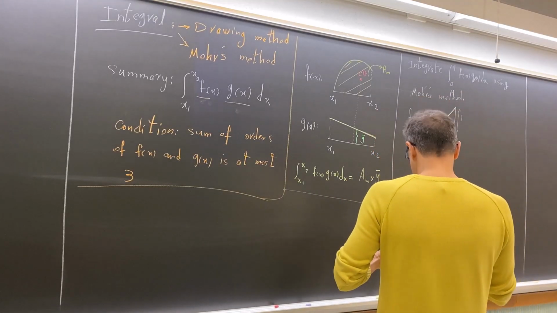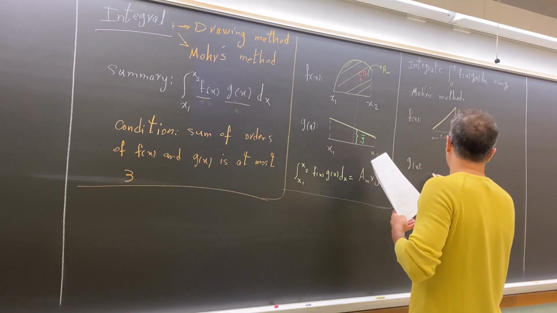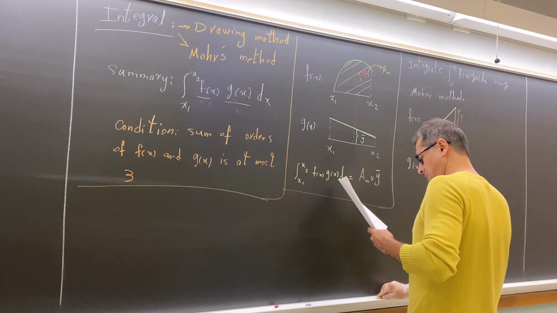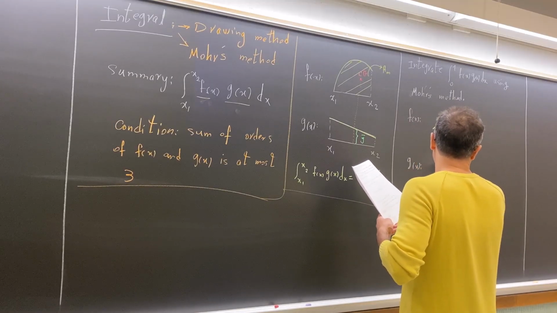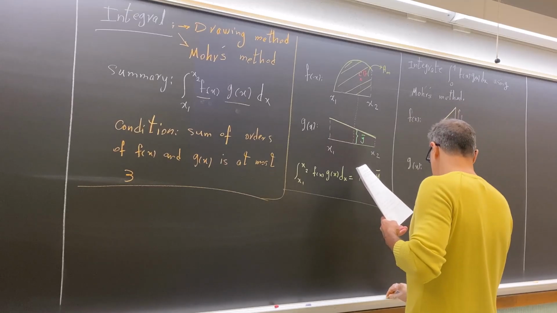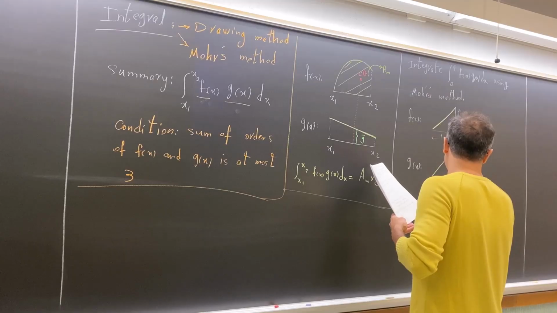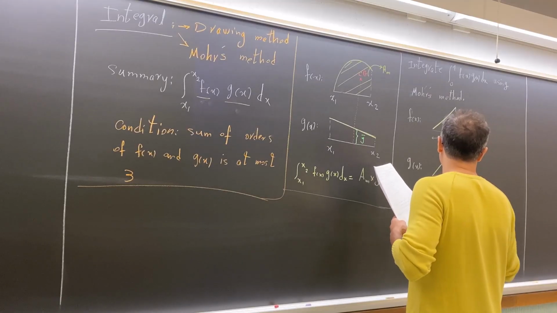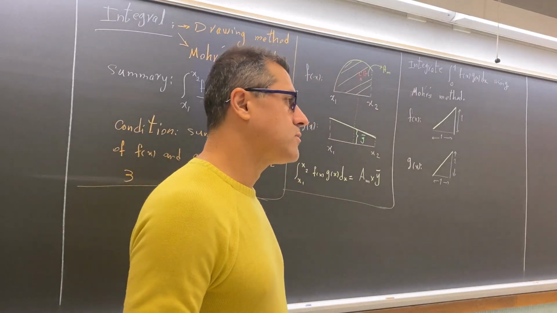It's a line. g(x) is another line, but my drawing is not to scale, with a different slope. So this is 2, this is 1. Okay, so we are going to apply Mohr's method.